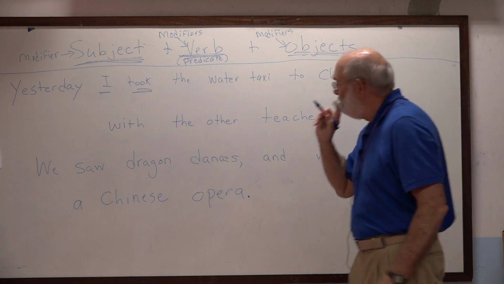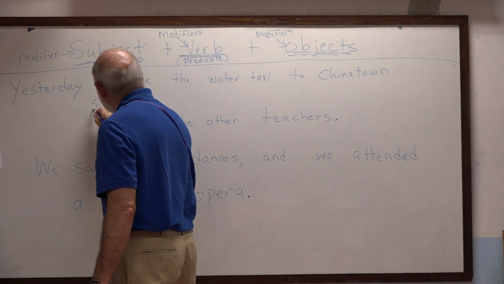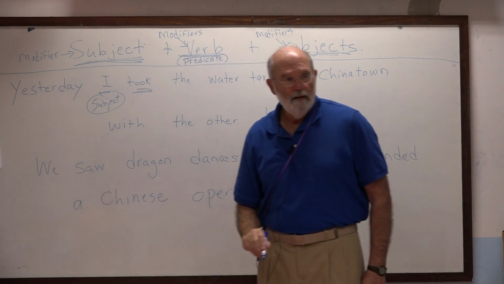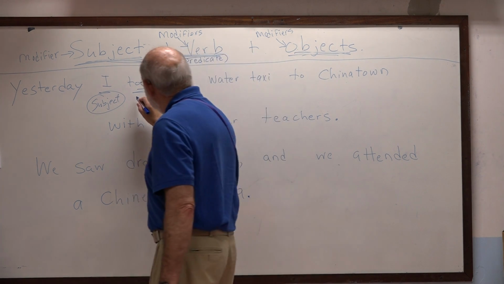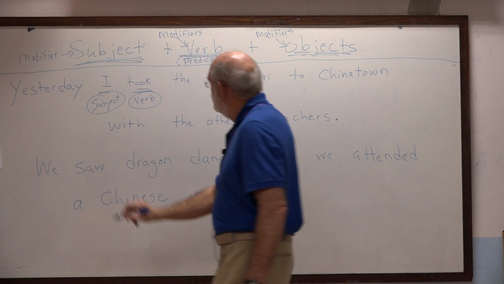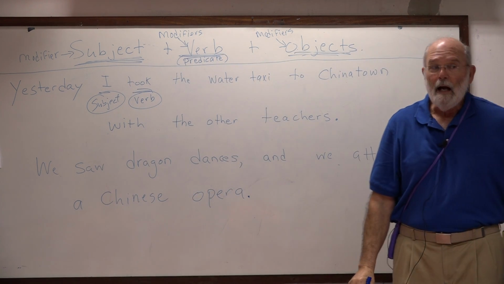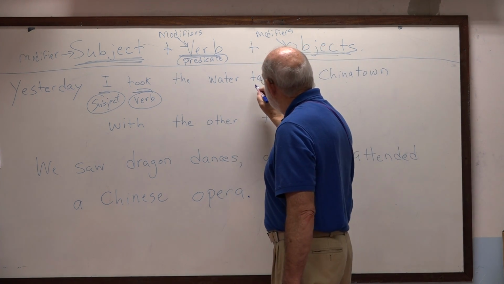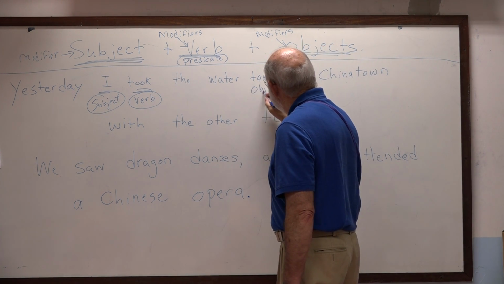Now, here's the subject. That's the subject, right? This is the verb or the predicate. Now, the object of this sentence, I took the taxi, that's the object.